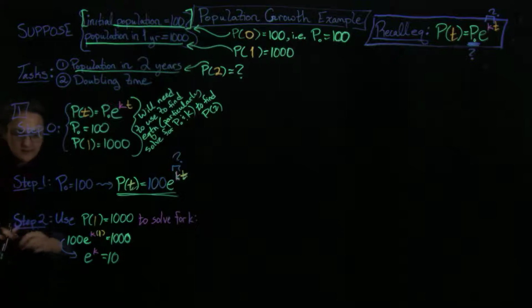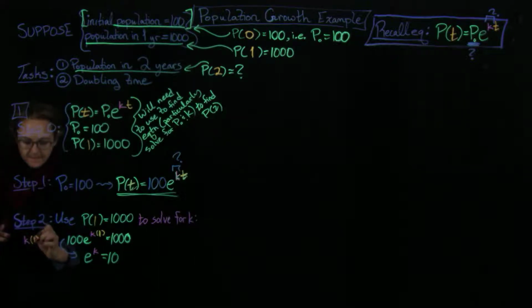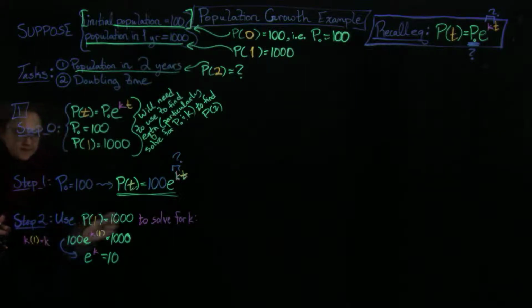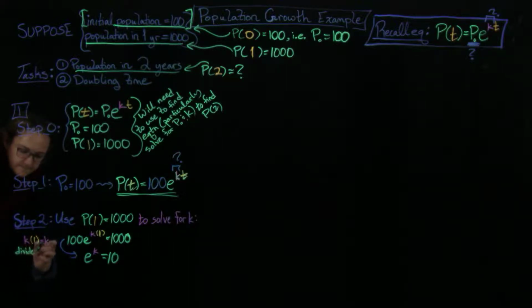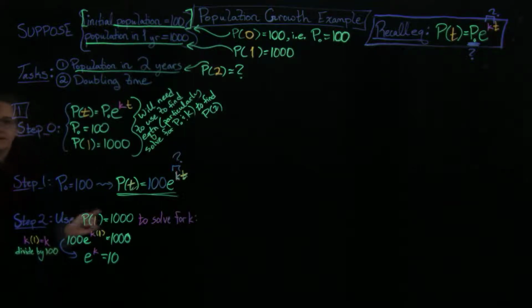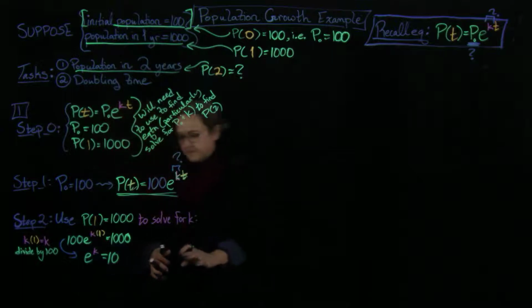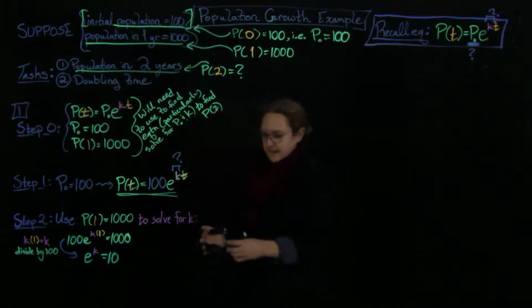One was that I know that k times 1 is just going to equal k. And the other thing that I did was divide both sides by 100. So I have e to the k equals 10.